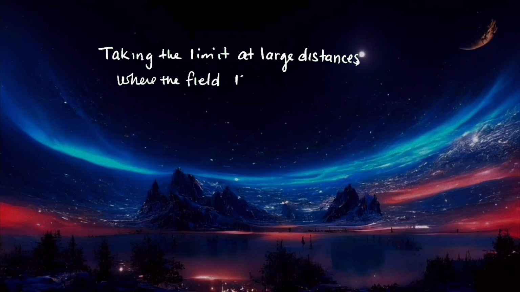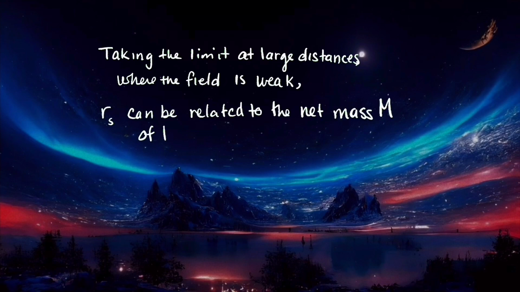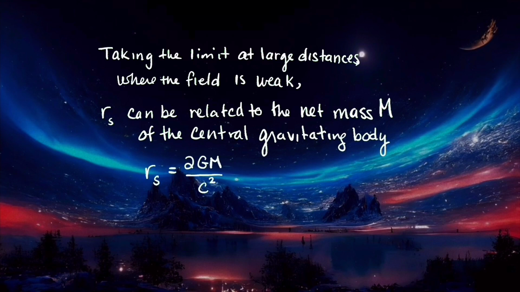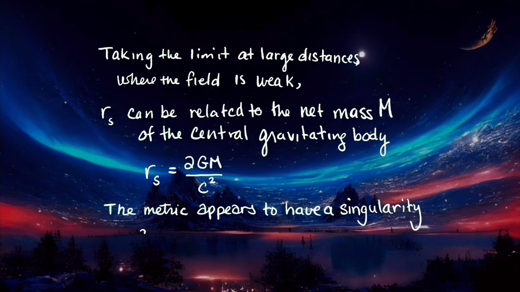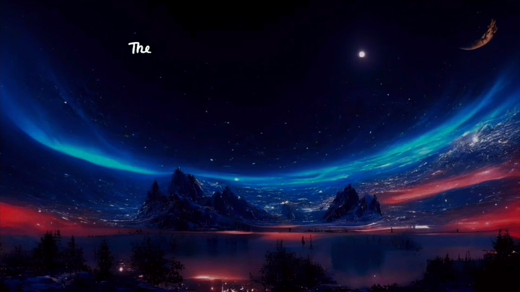Taking the limit at large distances where the field is weak, the Schwarzschild radius can be related to the net mass m of the central gravitating body. So r sub s is related by 2Gm over c squared, and this shows us that the metric appears to have a singularity when r is equal to the Schwarzschild radius.